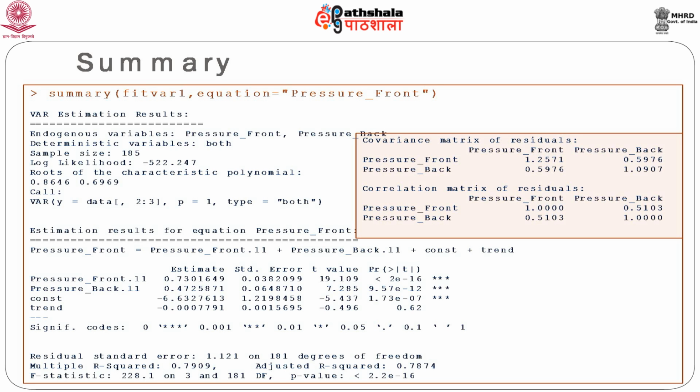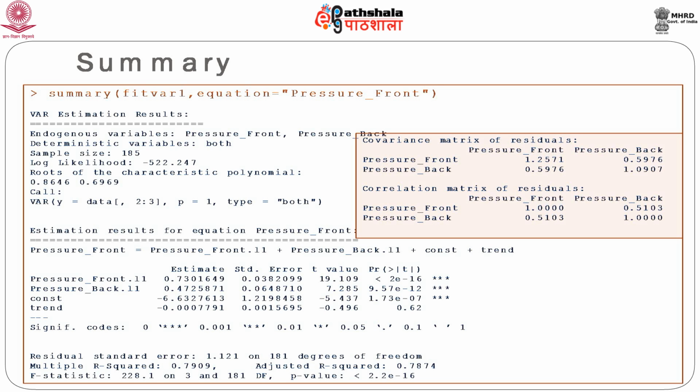Then you have the residual standard error and the degrees of freedom. The multiple R squared is also provided as 0.7909 and the adjusted R squared is 0.78. That means almost 78 to 79% of the variation can be explained by this particular model that we fit.